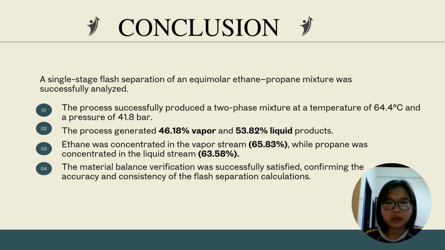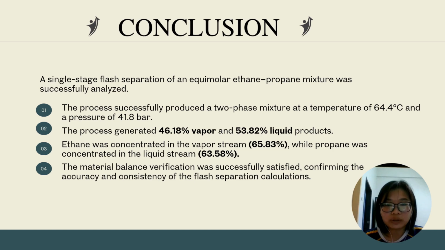In the conclusion, a single-step flash separation of an equimolar ethane-propane mixture was successfully analyzed. The process successfully produced a two-phase mixture at a temperature of 64.4 degrees Celsius and a pressure of 41.8 bar. The process generated 46.18% vapor and 53.82% liquid product.